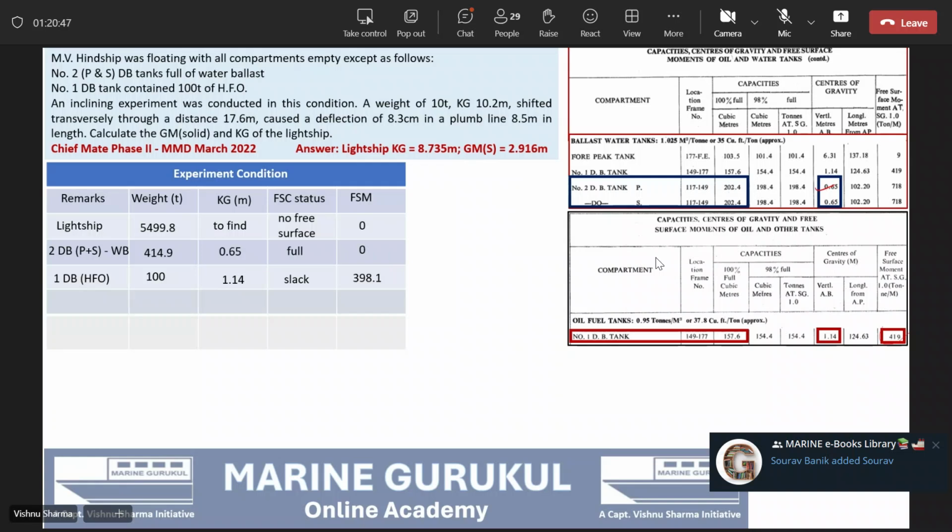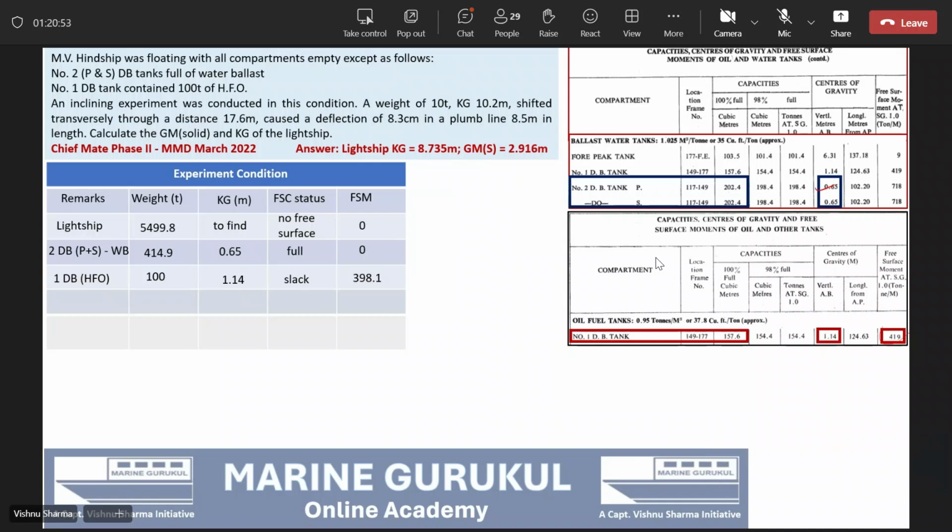Guys, look at the question. Any other weight on board? No, sir. Read the question carefully. 10 tons. Yes, sir. Inclining weight, 10 tons. And what is its KG? 10.2. It's a solid weight, so we'll have no FSM, right, guys? Right, sir.